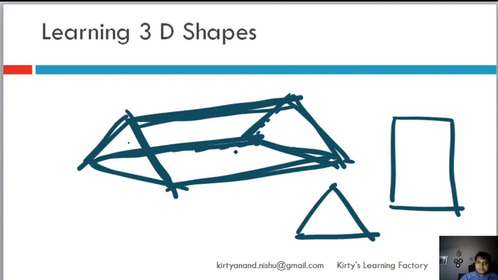A pyramid basically will have one triangle surface, a second triangle surface. What will be this surface? This surface will be a parallelogram, because this and this are parallel. So two triangle surfaces, two parallelogram surfaces, and one rectangle surface. That is what a pyramid is.